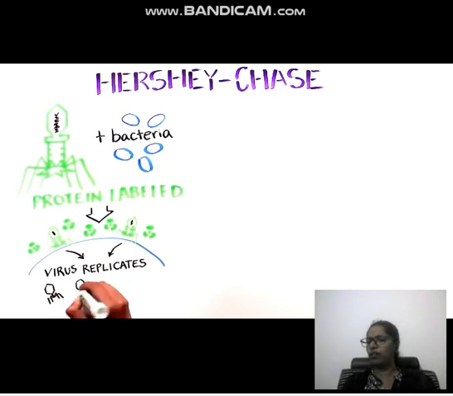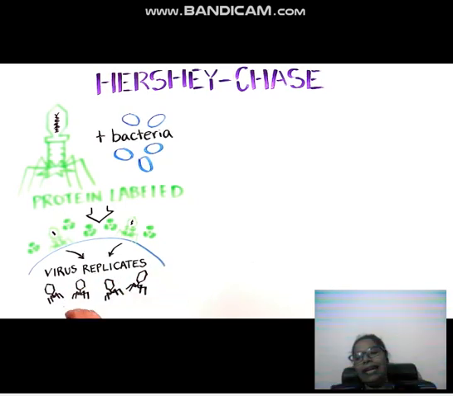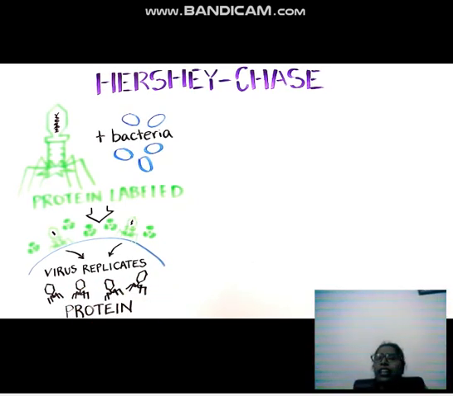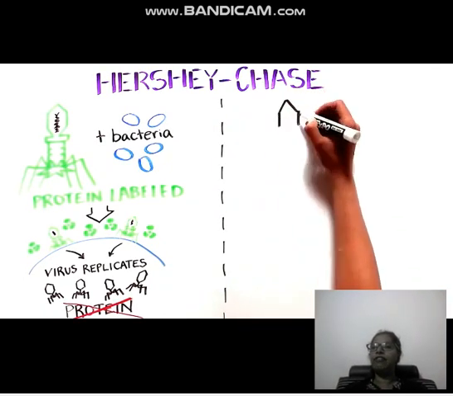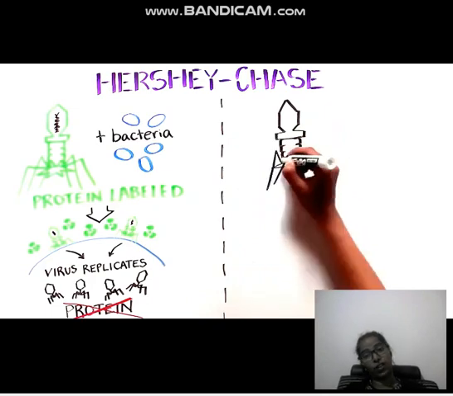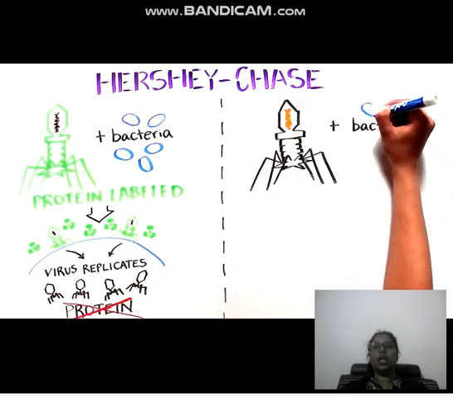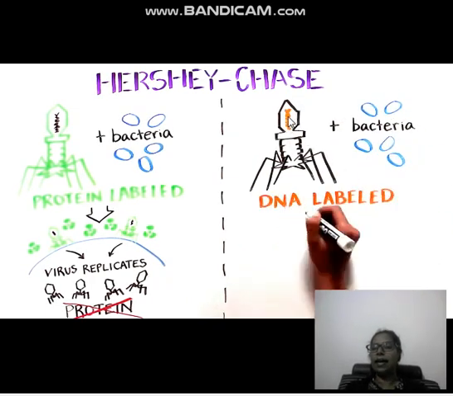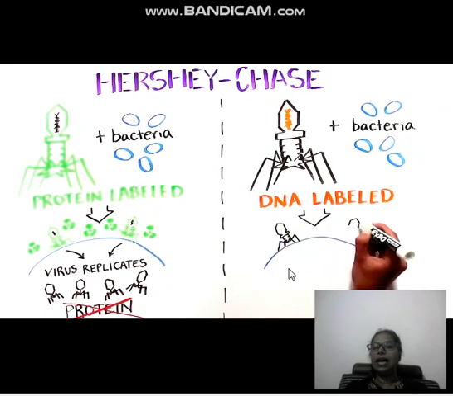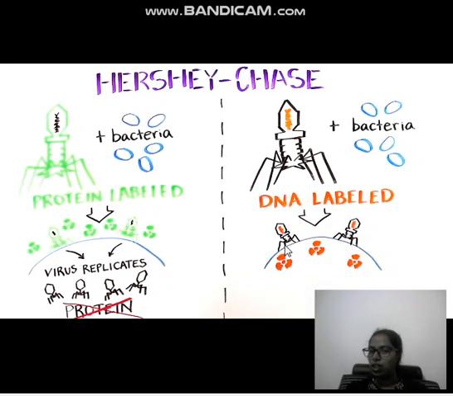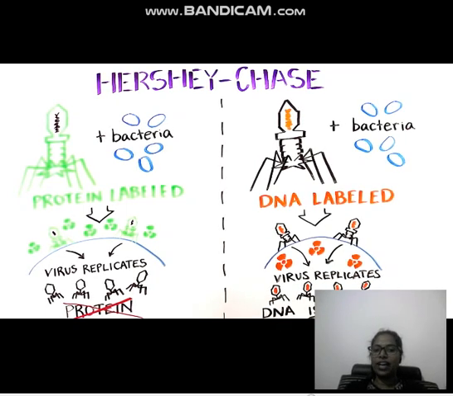The other test tube, what they had done was they actually took radioactive virus once again, radioactive virus with phosphorus, and we all know phosphorus is in the nucleic acid. So when this nucleic acid was labeled and then infected with bacteria, and then when the radioactivity was checked, in case of phosphorus, the radioactivity was seen in the cell and not in the virus.